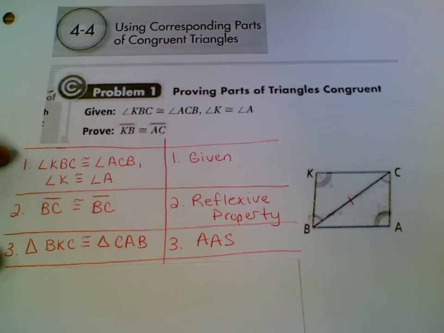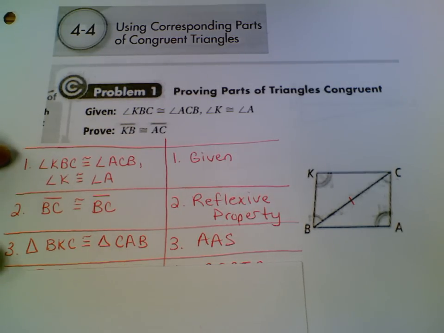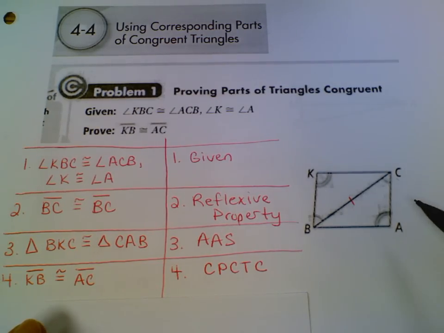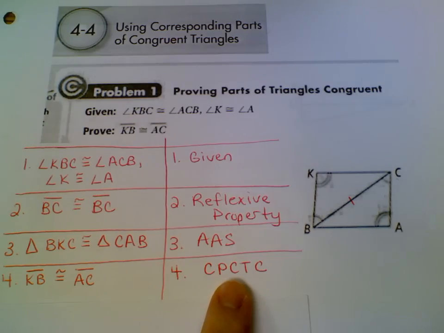Well, if my triangles are congruent to each other, then I'm going to know corresponding parts of those triangles are going to be congruent to each other. So my last step would just be, well, KB is congruent to AC, and I know that because corresponding parts of congruent triangles are congruent. So this acronym, rather than writing it out as a statement, you can just write CPCTC.